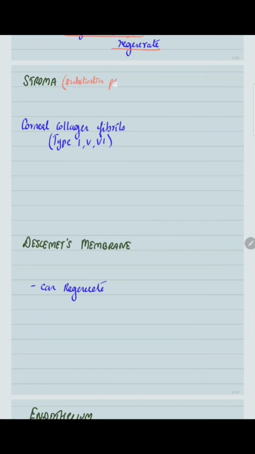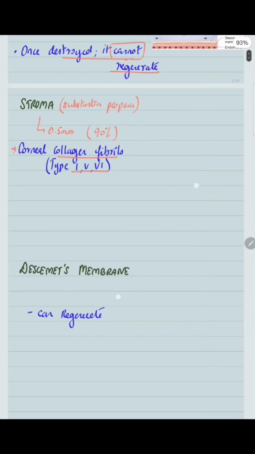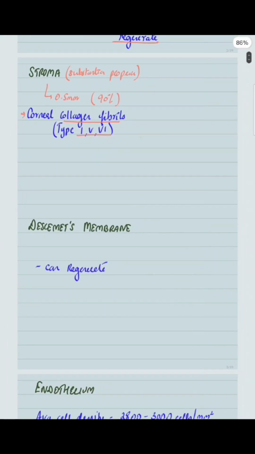Next is the stroma, or the substantia propria. Its thickness is around 0.5 mm, that is 90% of the corneal thickness. It contains collagen fibrils type 1, 5 and 6, which are embedded in a hydrated matrix of proteoglycans, that is chondroitin sulfate and keratan sulfate.